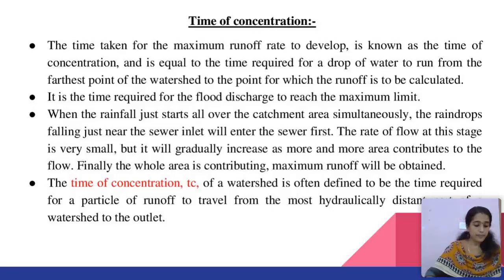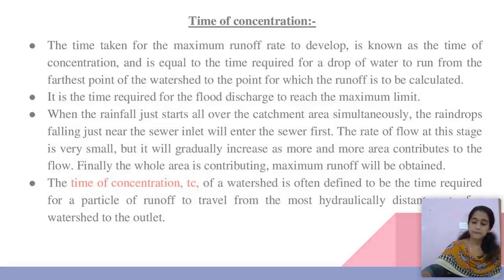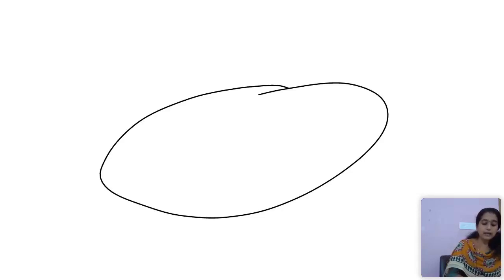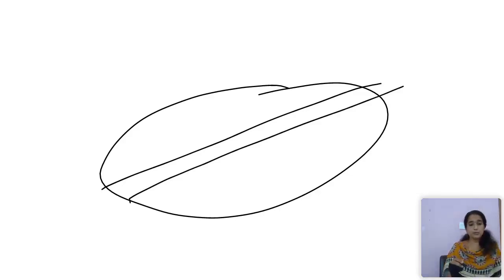Suppose this is the catchment area, and this is the sewer pipeline that passes through that area, and rainfall happens all over the area simultaneously.